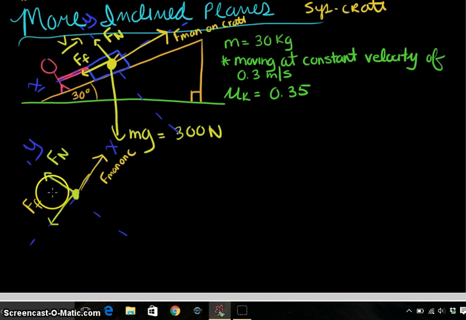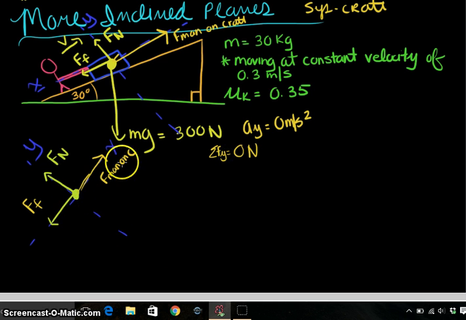What I know about what's going on in the y direction is that acceleration in the y direction will be 0 meters per second squared, because if he's pushing the box up the ramp, then there's no acceleration in the y direction. So this means that I also have a net force in the y direction of 0 newtons.